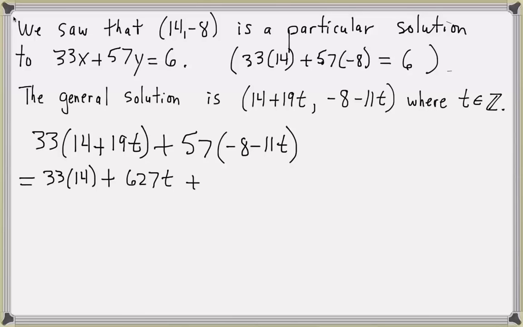Then when I distribute the 57, I get 57 times negative 8 minus 57 times 11t, which is 627t.